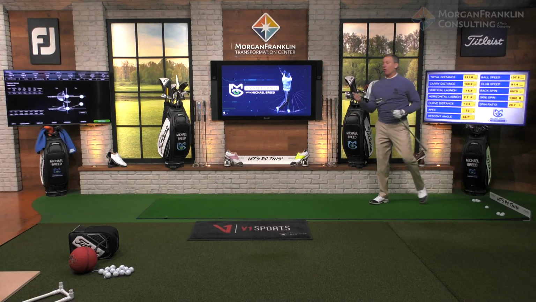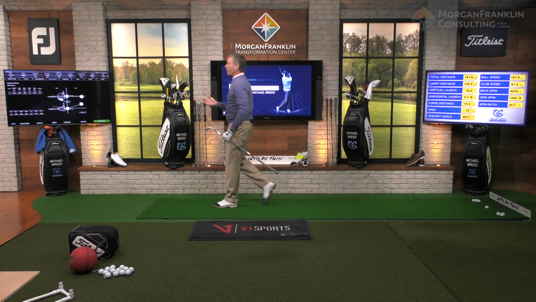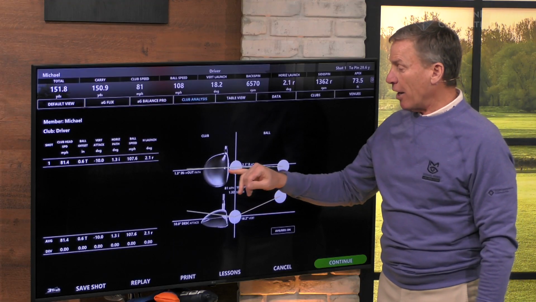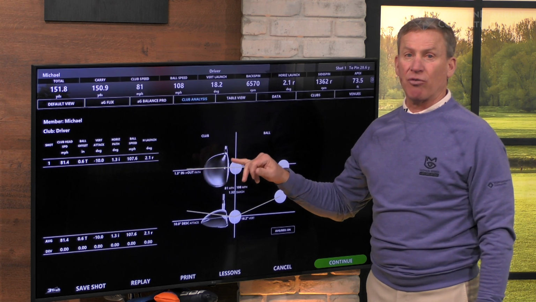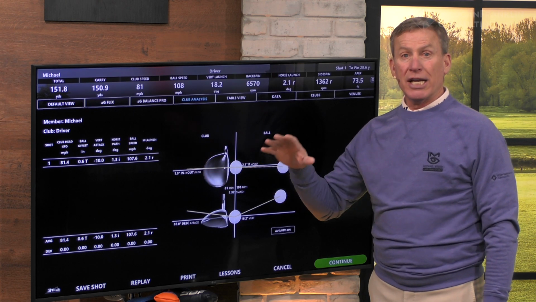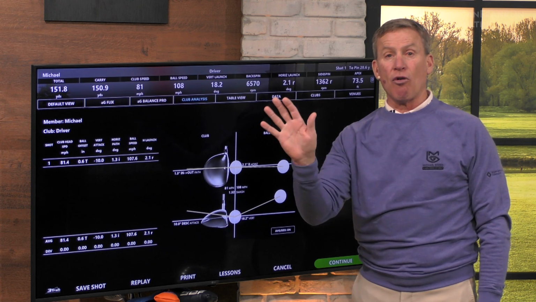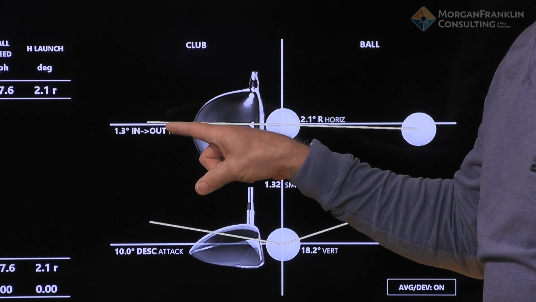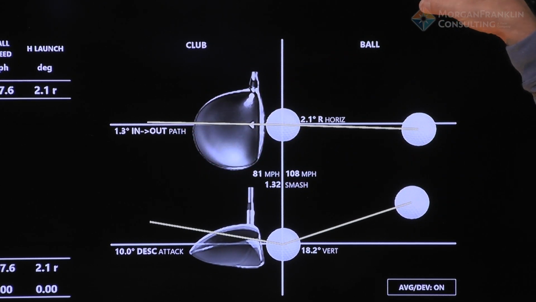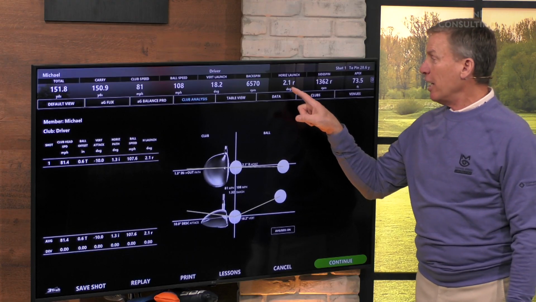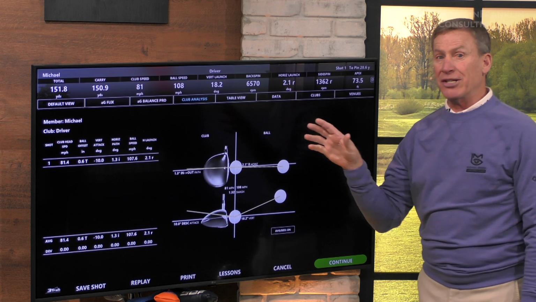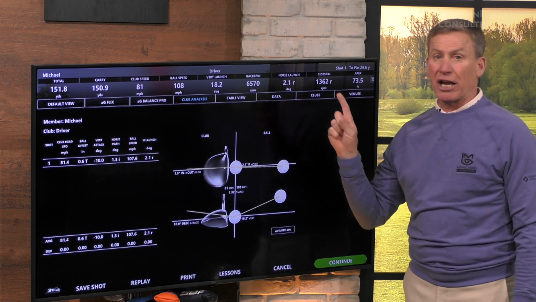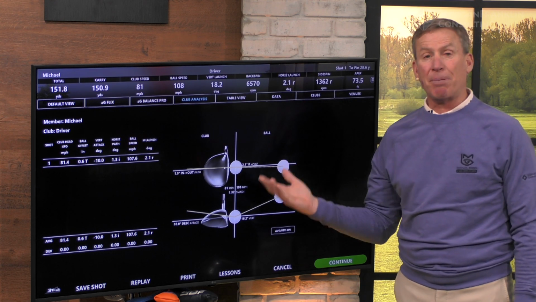Now, let's look at the information that came out of the shot that we just hit. And here's what we got. We got an in to out path of 1.3. So now I know the path was over there to the right as well. But what you'll notice is this is 1.3. What we also know is the horizontal launch, which is right here, is 2.1, which means not only was the path out to the right, but the start line of the golf ball was more to the right than the path.